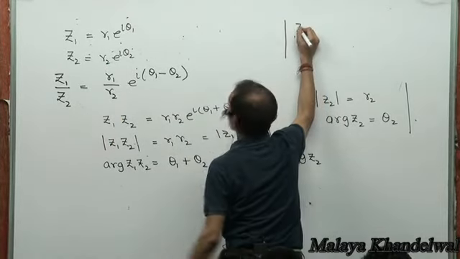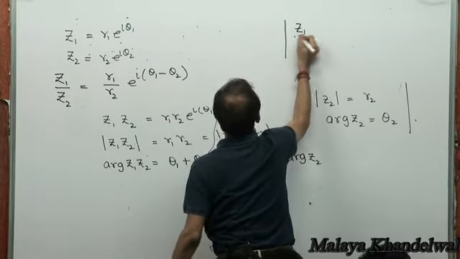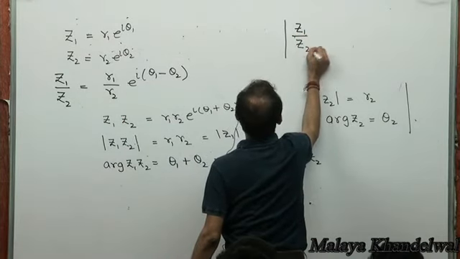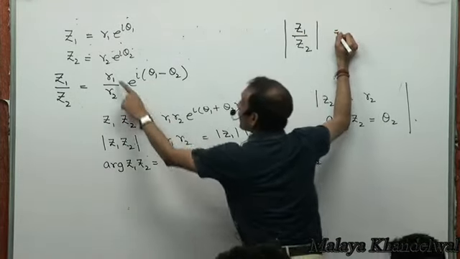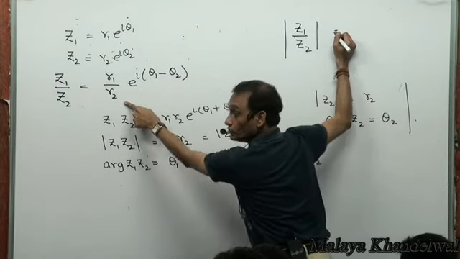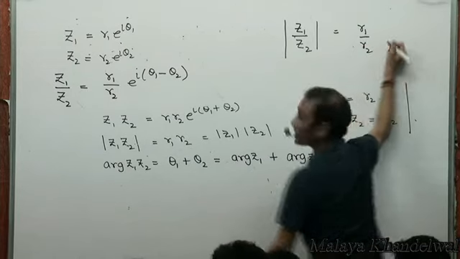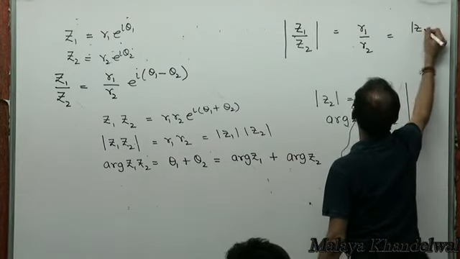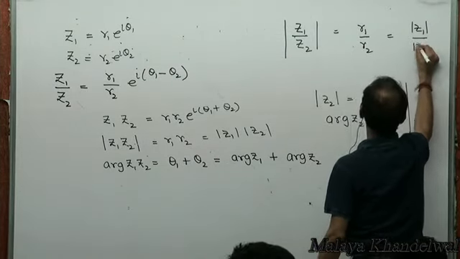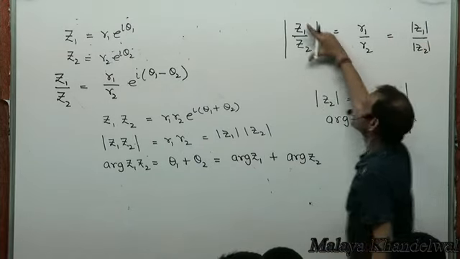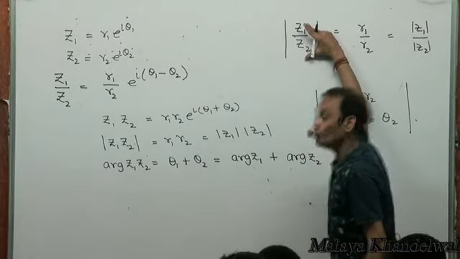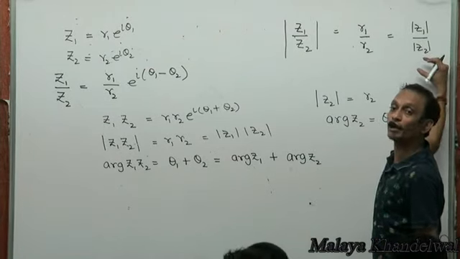So the modulus of this complex number z1 by z2 is r1 by r2. But what is r1? Mod z1. What is r2? Mod z2. That means the modulus of the ratio is the ratio of the moduli.